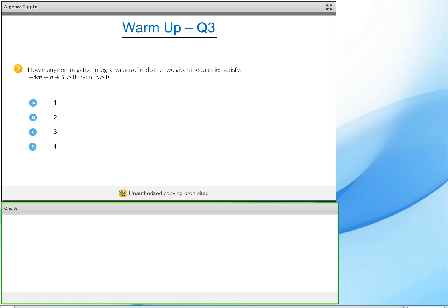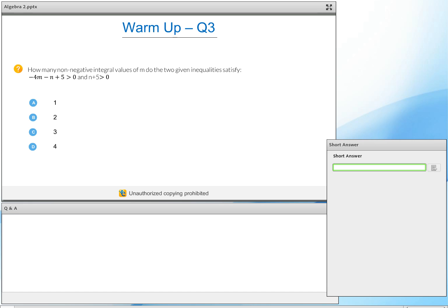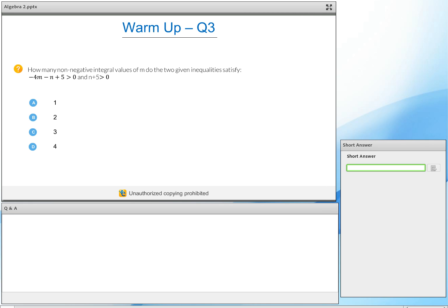So we'll now discuss these three questions one after another. But before I discuss them in detail, let's hear from you. How was the experience in solving these three questions?